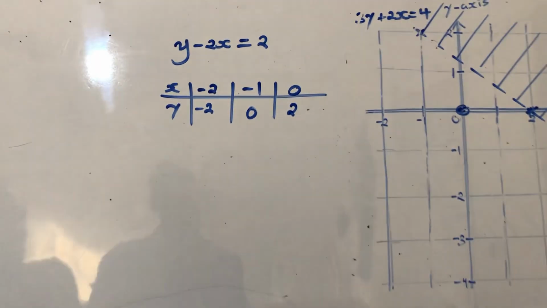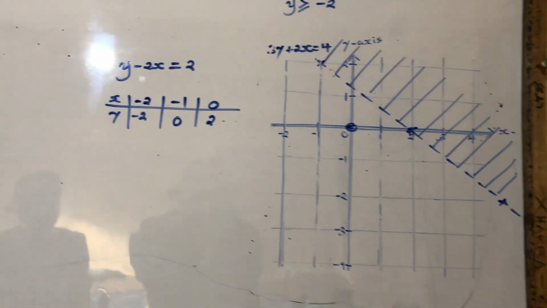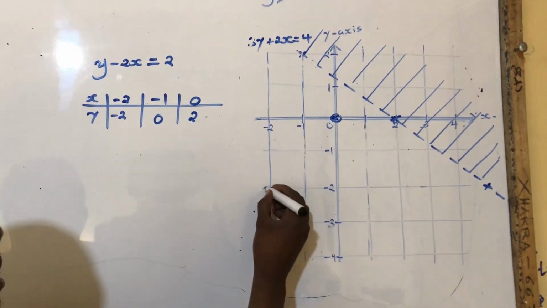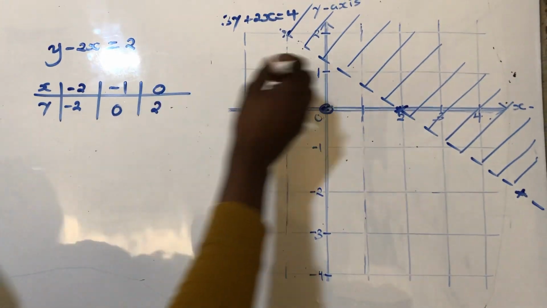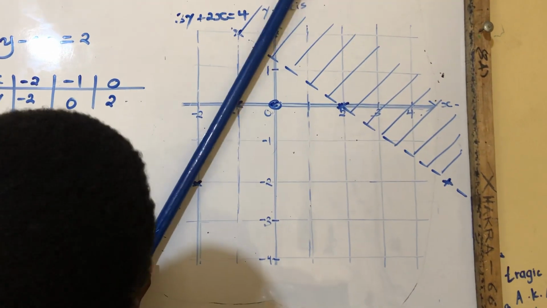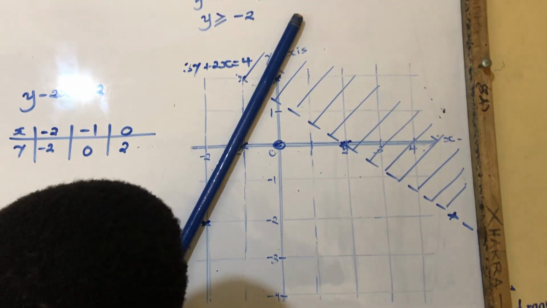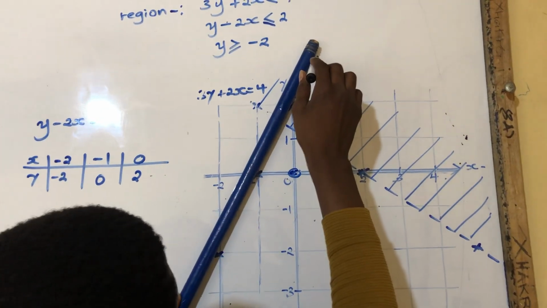So what do we do? These points will then be plotted. -2 against 2, -1 against 0, then 0 against 2. Using your ruler, these points will be joined using a ruler.